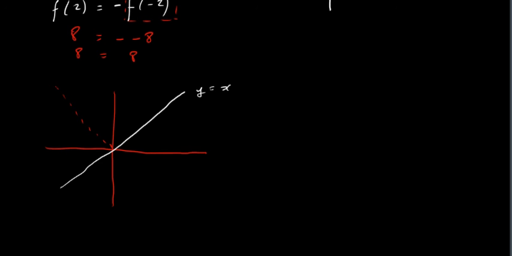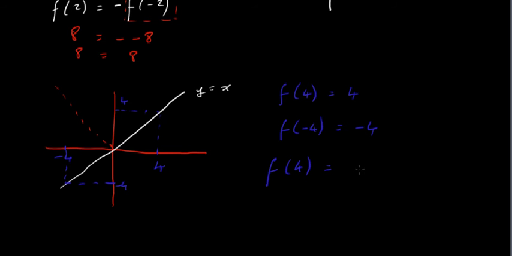So again, let's take 4 and minus 4. f of 4 is just going to be equal to 4, because remember y is equal to x. f of minus 4 is going to be equal to minus 4. So f of 4 is equal to minus f of minus 4. So this means it's an odd function: f of x is equal to minus f of minus x.